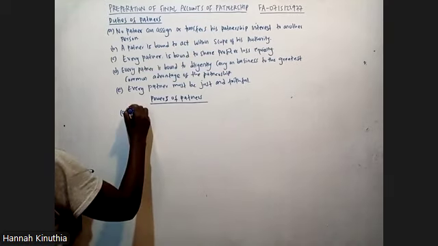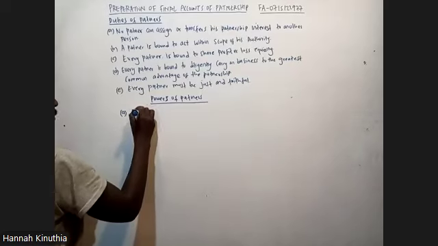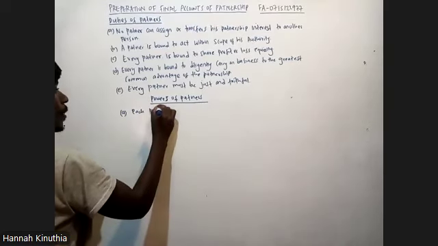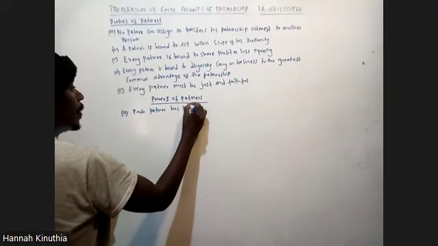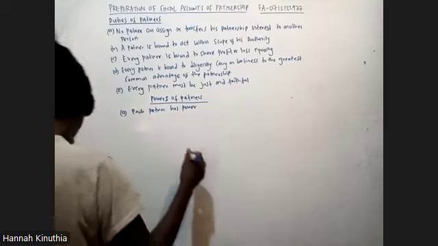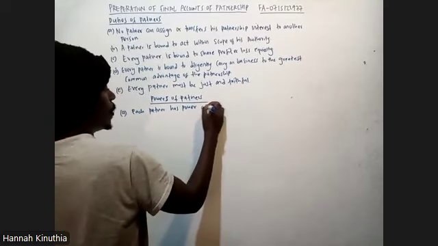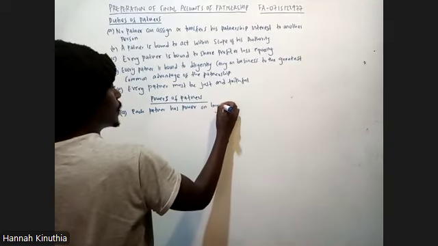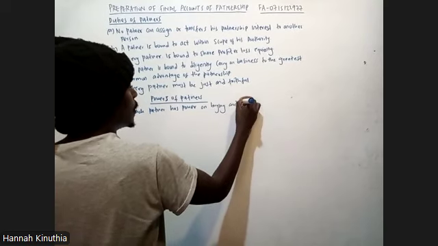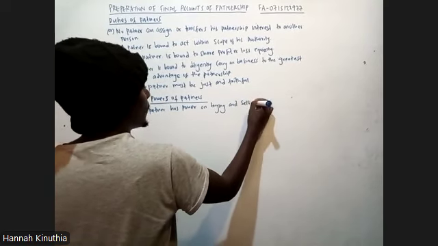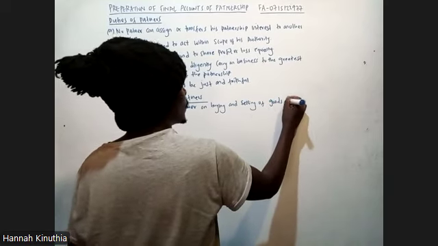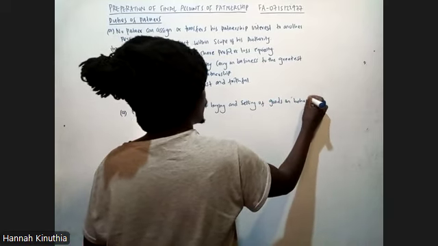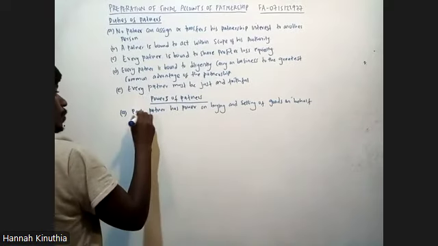Number one, each partner has power on buying and selling of goods on behalf of the partnership.